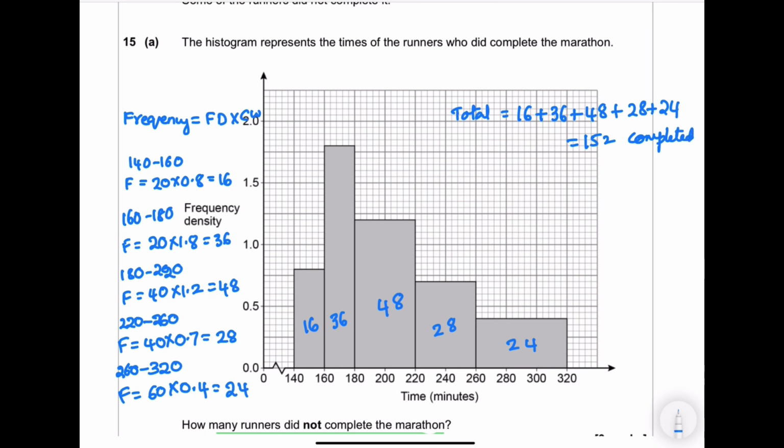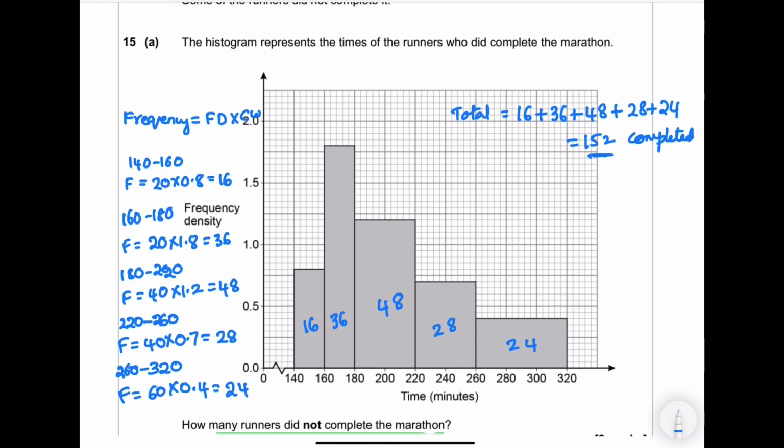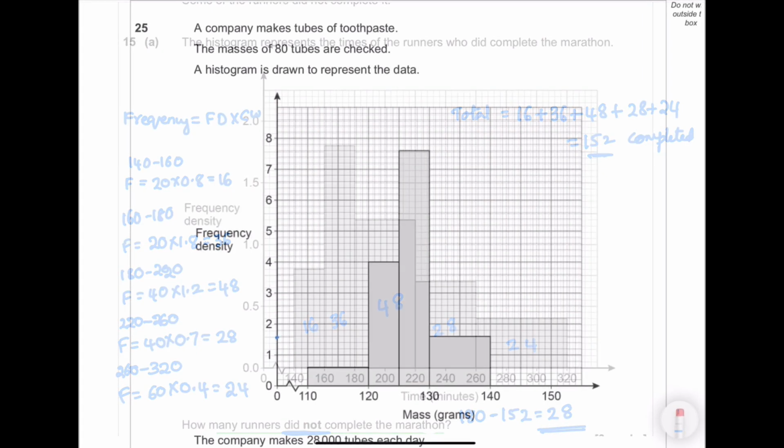And we need to work out how many runners did not complete the marathon. So 180 started the marathon, 152 completed. So people who did not complete it are 180 minus 152, which is 28. 28 of them did not complete the marathon.